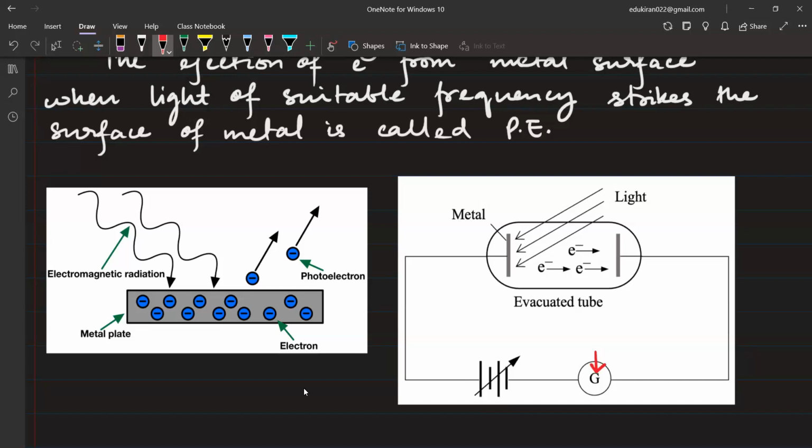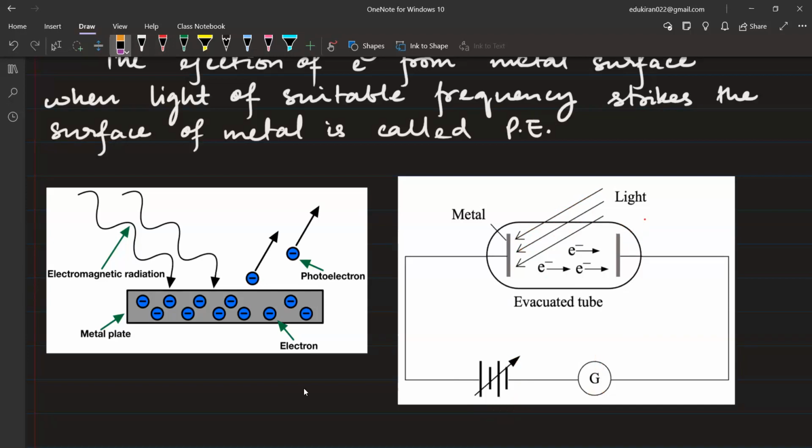That means obviously electrons were flowing here. How can electrons flow without any battery? So he theorized that because we are striking this metal surface with a particular frequency of light, electrons are getting ejected, and these electrons are reaching the other electrode, and then the electron moves, showing some measurement in the conductometer. So this is how it was experimented.